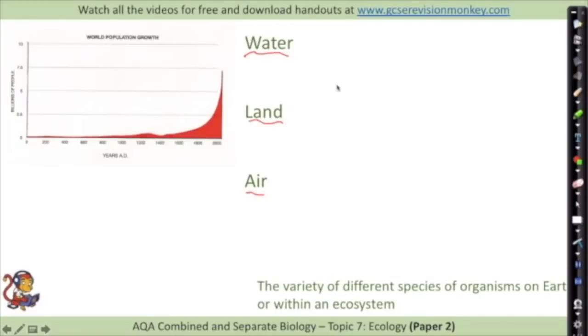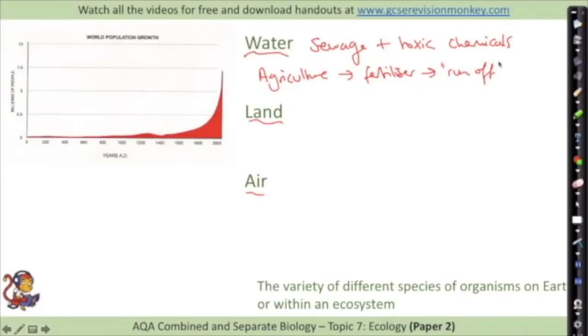The presence of these billions and billions of people has meant that water is regularly contaminated with sewage and other toxic chemicals. Another way water is contaminated is through agriculture. There's a lot of use of chemical fertilisers on the land, and these can, what we call, run off the land into the rivers and can contaminate the water sources, therefore affecting animal and plant life within the water.